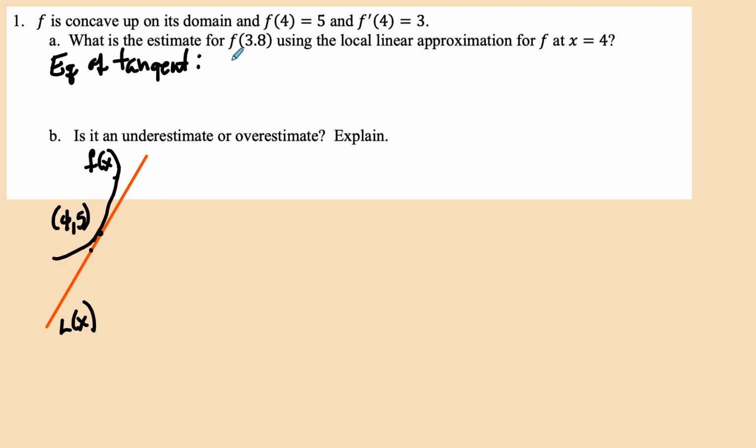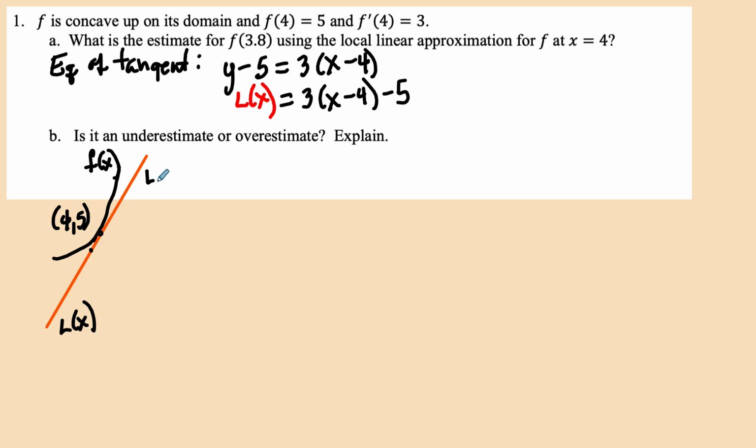So the equation of the line is going to be y minus 5 equals 3, that's our slope, times x minus 4. I'm going to call this y my linearization. It's a line, and then I'm going to move the 5 to the other side, so it'll be 3 times x minus 4, minus 5. So I now have the equation of the line.